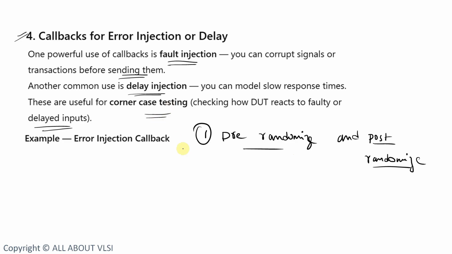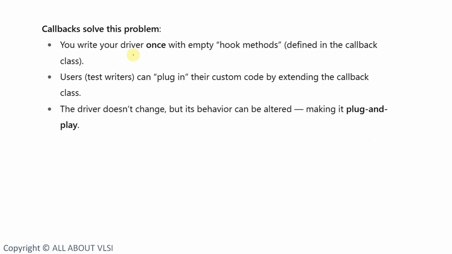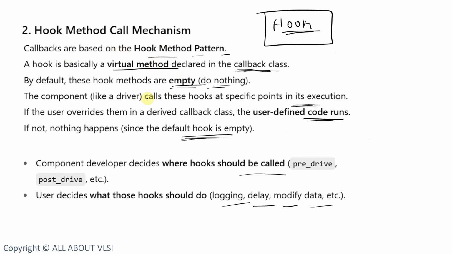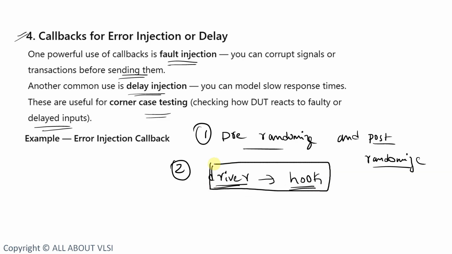One more example we have seen for callbacks is the hook method and callback mechanism, where we have written a normal driver and this driver has a hook or a virtual method declared inside it.